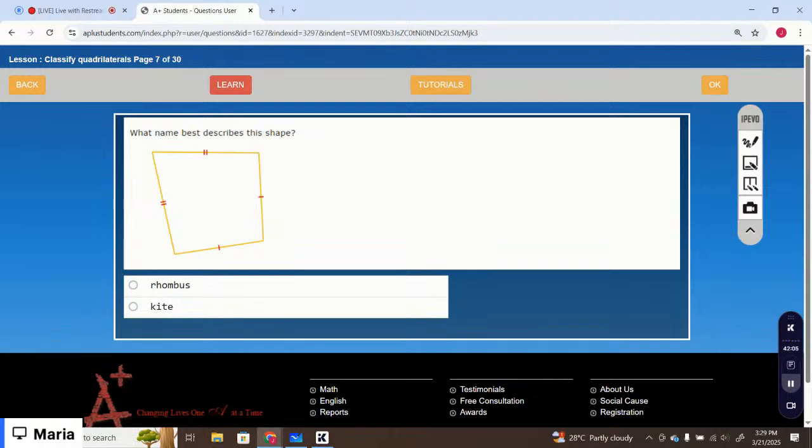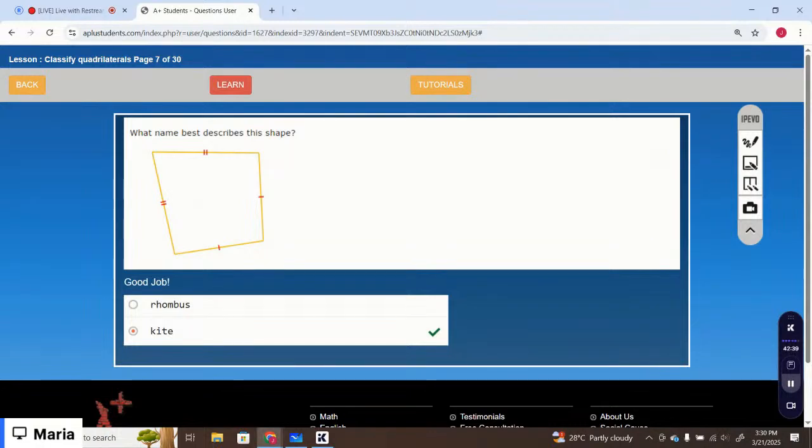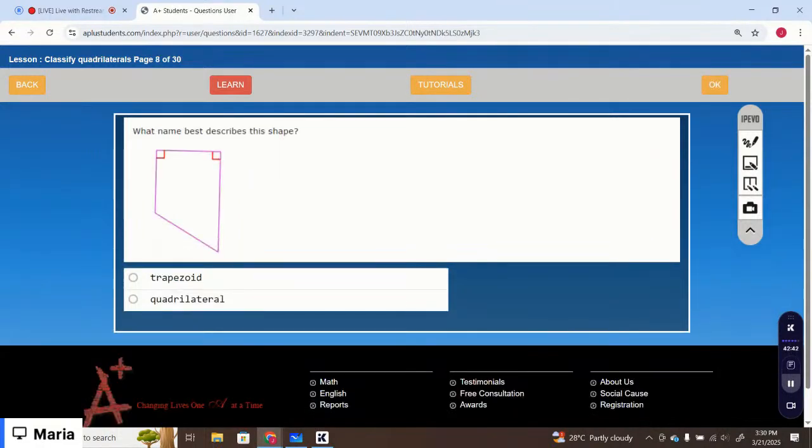What name best describes this shape? The correct option is kite. It is option number two because two of the sides are perpendicular, so they are parallel, so that is the kite.